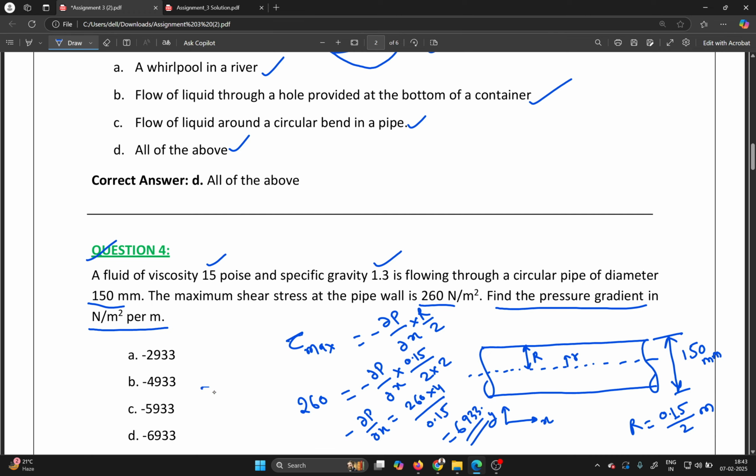Here is the minus, so your del P by del X will be equal to minus 6,933. So option D will be correct for this question.